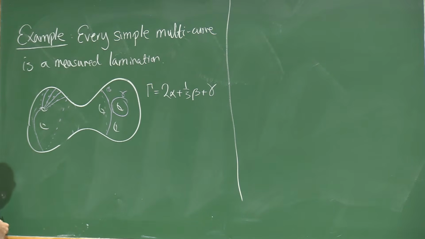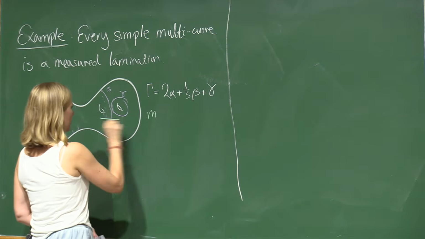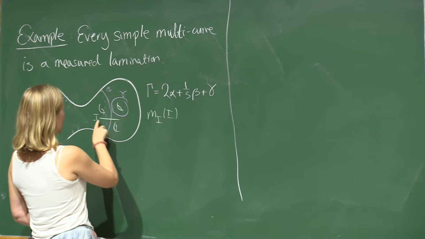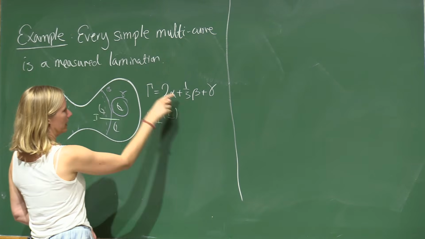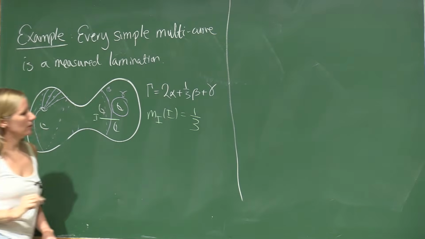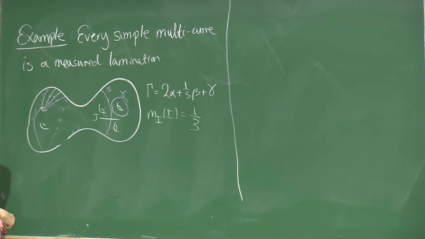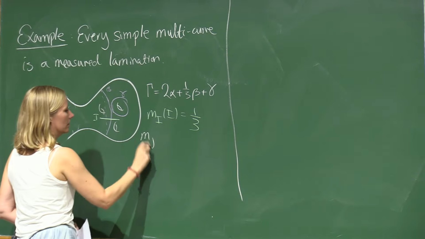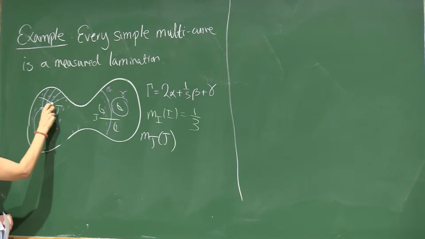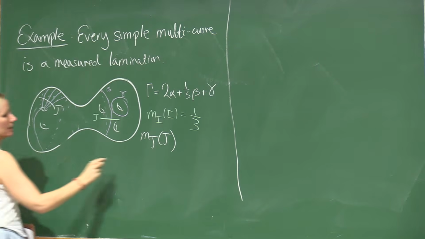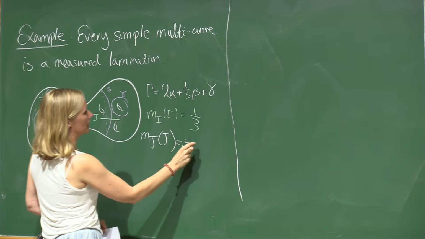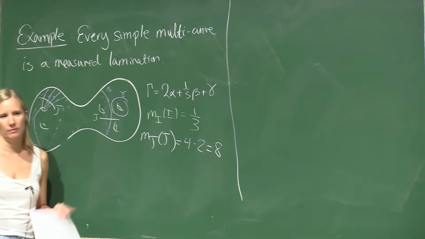If I take this arc, for example, then the measure assigned to that arc I is just: it intersects beta once, and beta has weight 1/3. If I take an arc here, the measure is: it intersects this 1, 2, 3, 4 times, and that was alpha, which had weight 2.